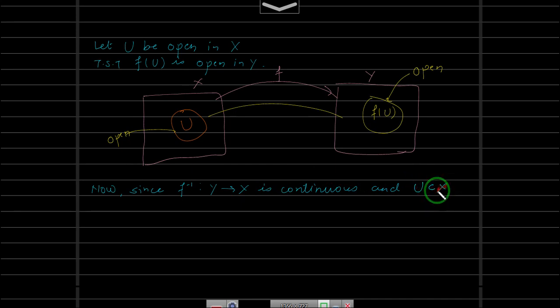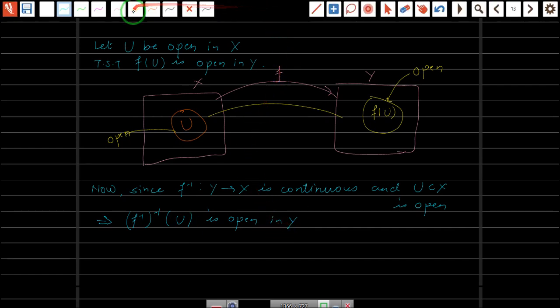u, a subset of X, is open. So since f inverse is continuous and u is open in X, this implies f inverse of u is open in Y. Now again, be careful, we are using two different notations here.